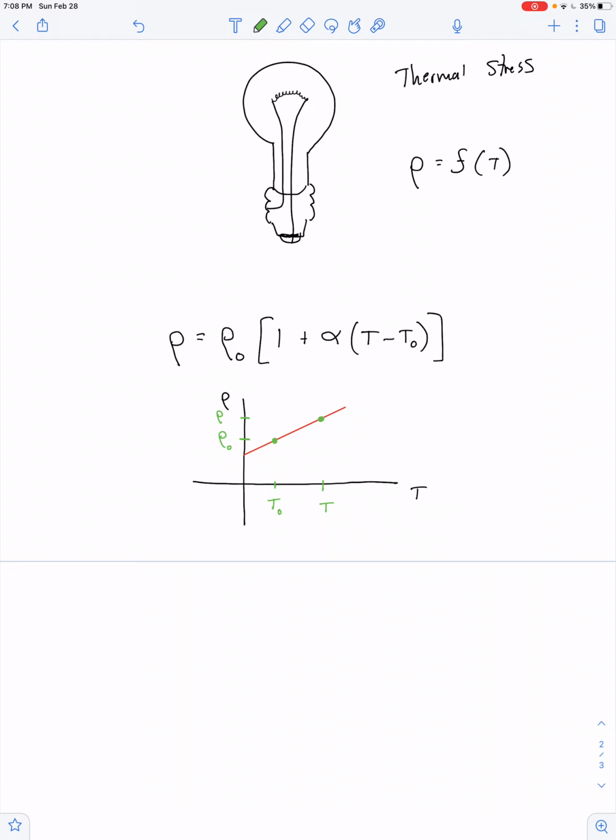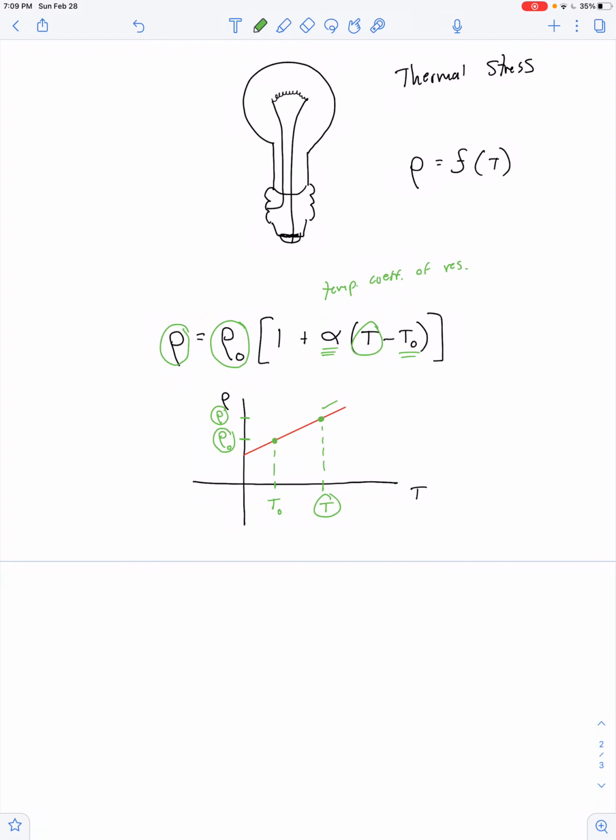So this value of rho is equal to the reference value of resistivity times, well, you see the equation, 1 plus a constant called the temperature coefficient of resistivity, and then multiplied by whatever higher temperature minus the reference temperature. So it really is just another form of the equation for a line, right?